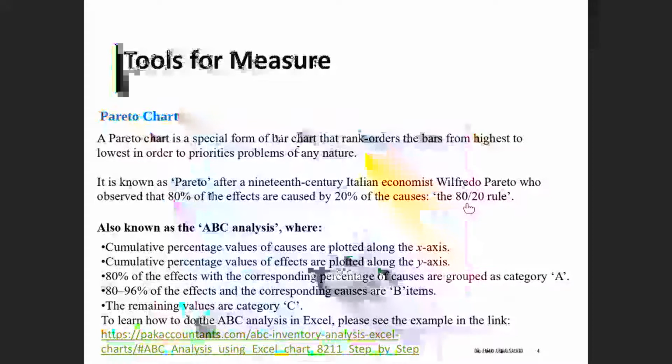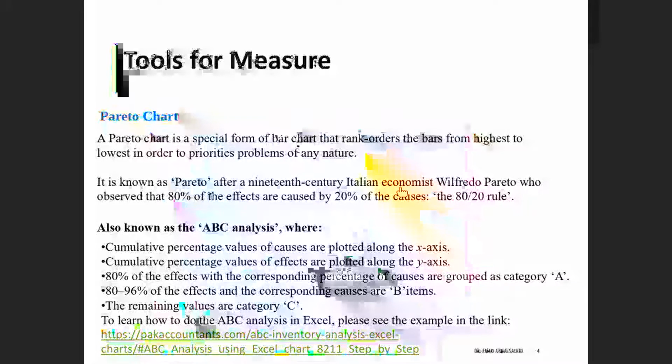It is using the histogram again, or bar chart, but in a different manner or a different representation, and it prioritizes the problem of any nature, as we were talking here about course complaints or students complaining about a course. It could be applied also to machine failures, or any other applications.